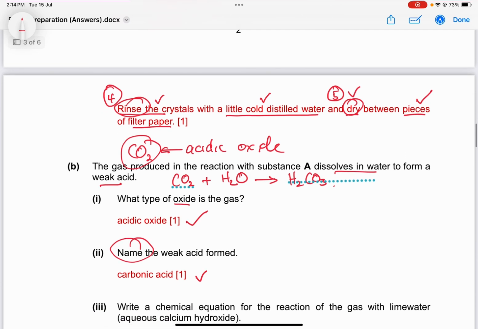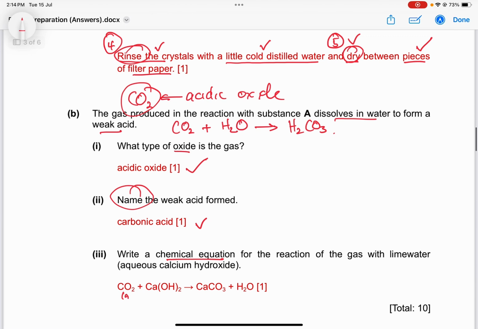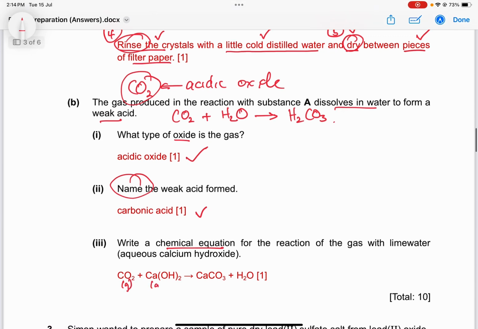Next, write the chemical equation for the gas with lime water. Please get familiarized with this equation. Carbon dioxide gas will react with aqueous calcium hydroxide, which is your lime water. In the exam, they won't be so nice. They won't tell you lime water is aqueous calcium hydroxide. You need to know.